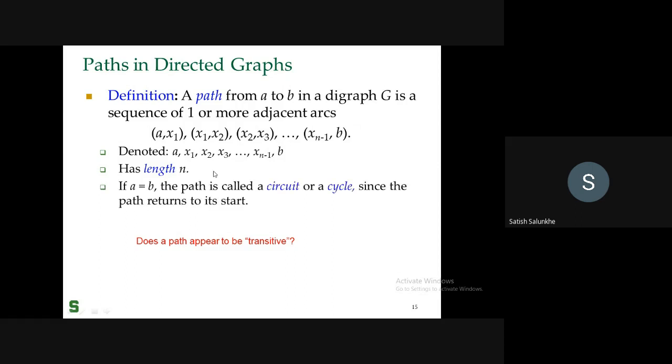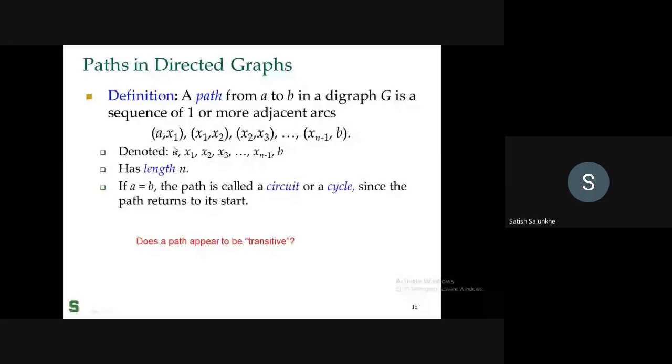If A is equal to B, what does that mean? If you are routing A to X1, X1 to X2, X2 to X3, and so on, and again returning to A, so that your source and destination are the same, and you have such a path, then this is called a circuit, or it is also called a cycle, since the path returns to its starting position.